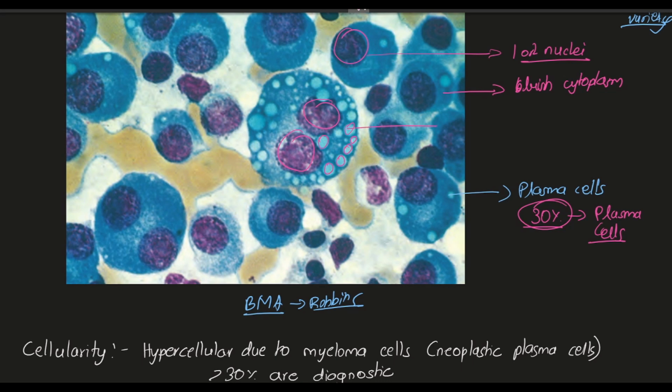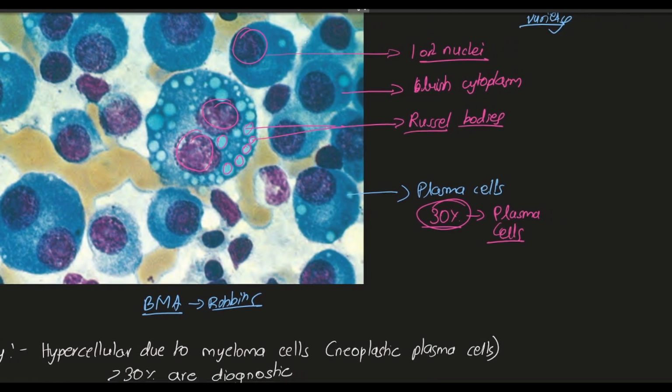They are nothing but Russell bodies. As you know, these cells secrete excessive antibodies in neoplastic conditions, so they need to be stored. These excess antibodies are stored in Russell bodies.